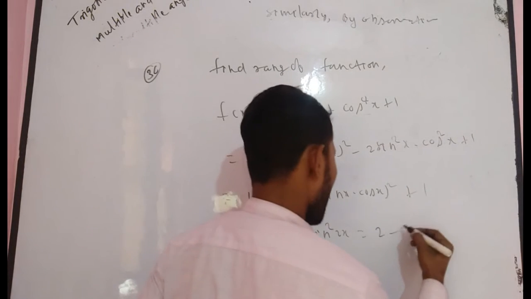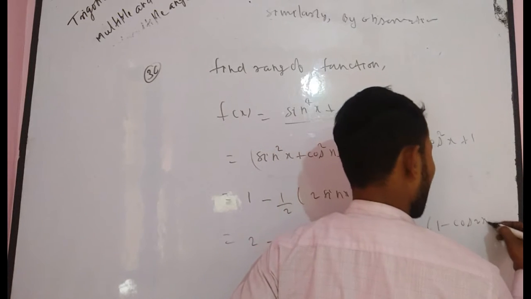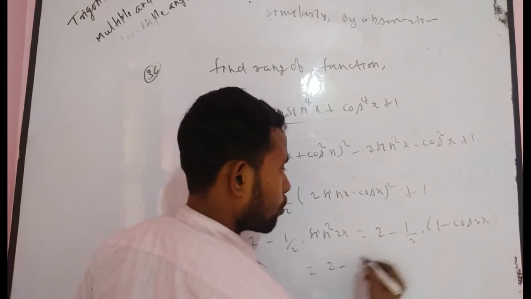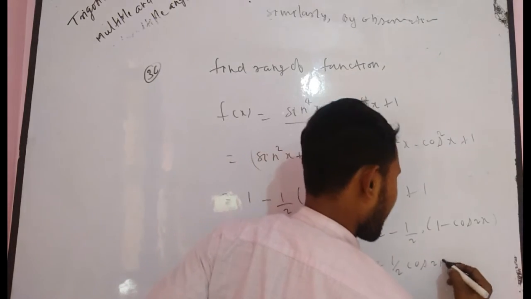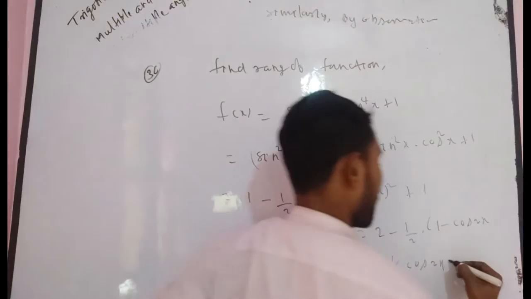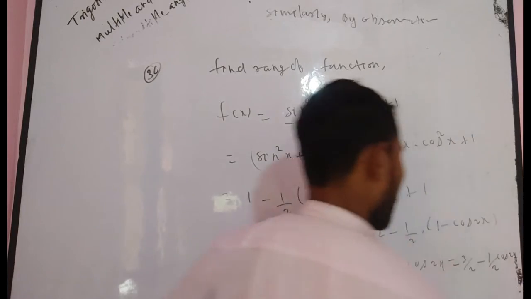So 2 minus half into sin square 2x, where sin square 2x is (1 minus cos 4x) by 2. After manipulating, what do you get? 2 minus half plus half into cos 4x, and you know that 2 minus 1 by 2 is 3 by 2. Minus half cos 2x.